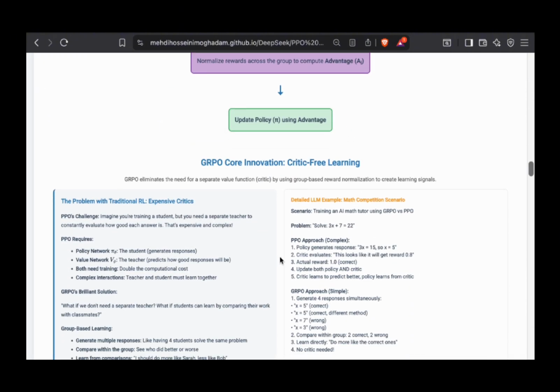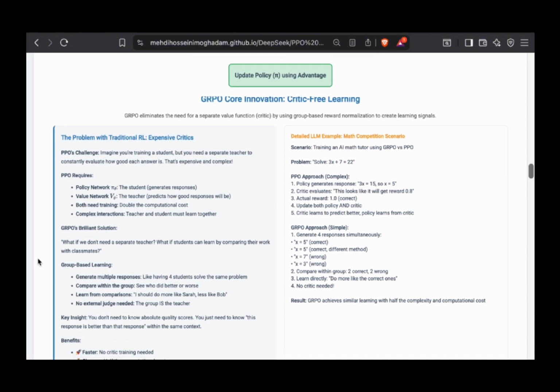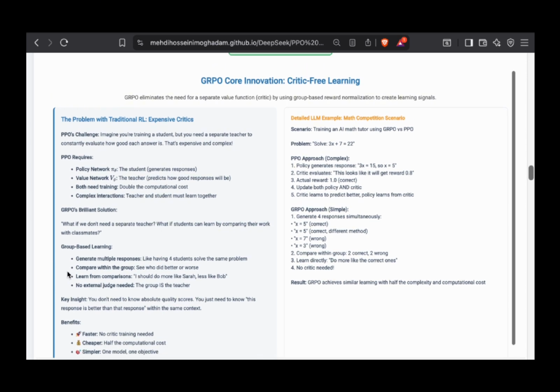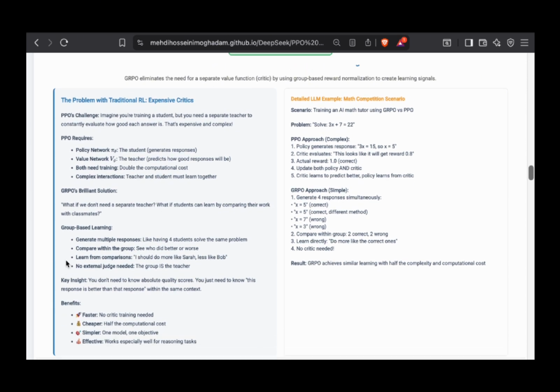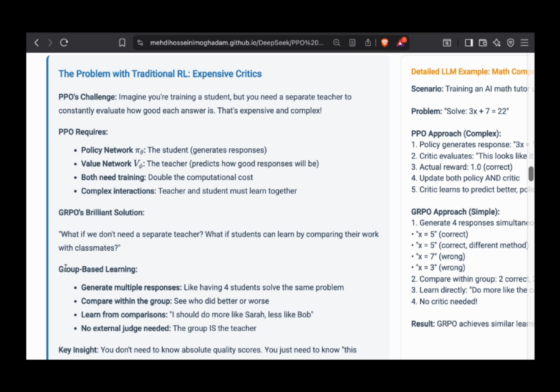So okay, let's see how exactly it works. Again, what was PPO's challenge? Let's say a quick recap and analogy. Remember, we are on PPO.